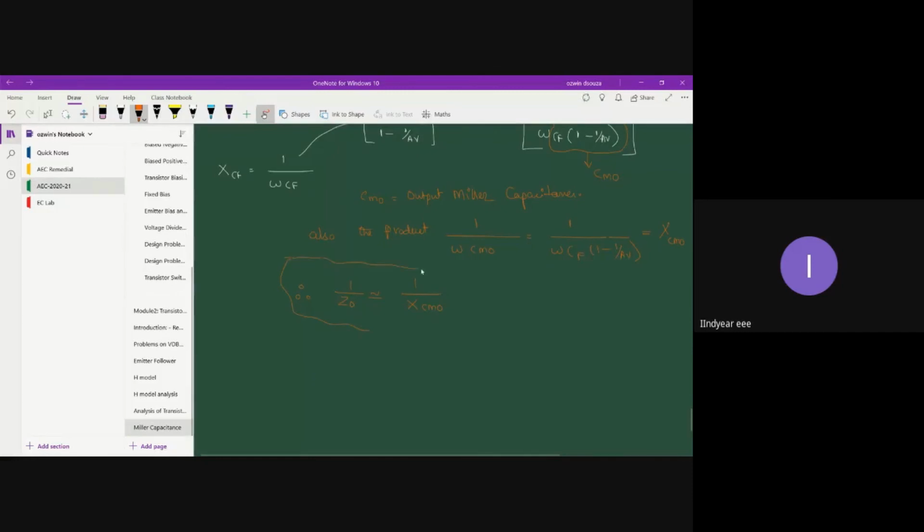So you can observe clearly that your output impedance is equal to the reactance of the Miller capacitance.